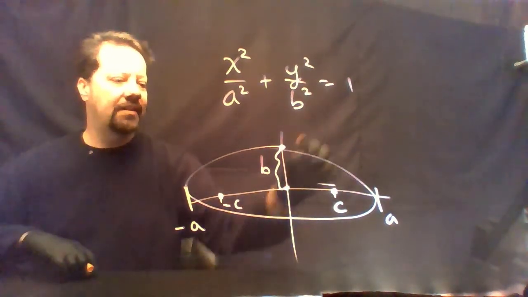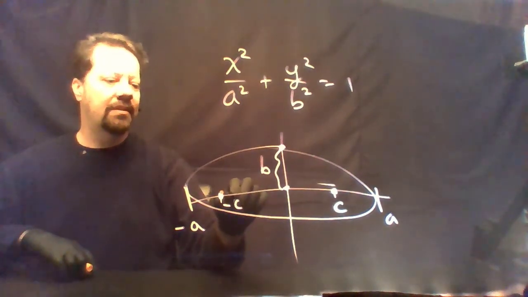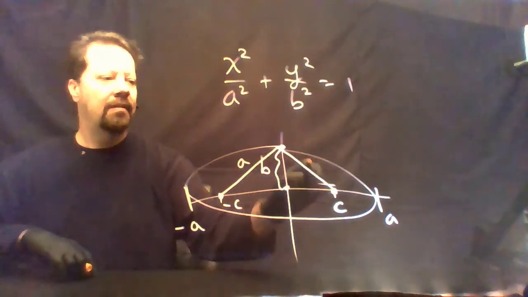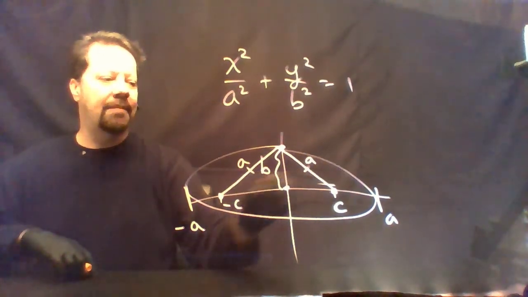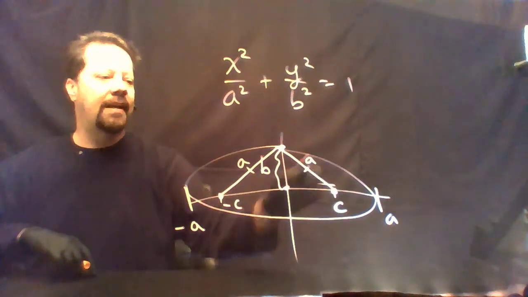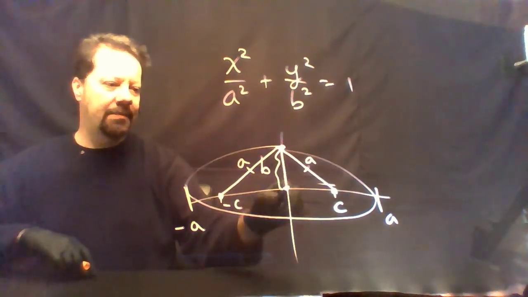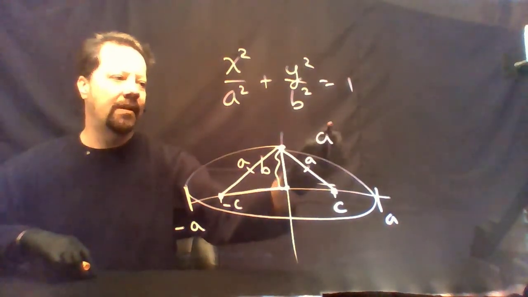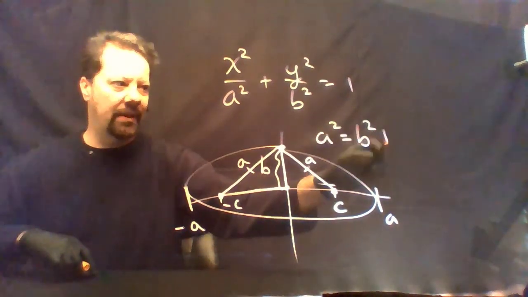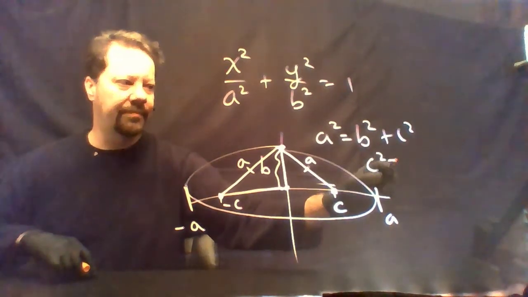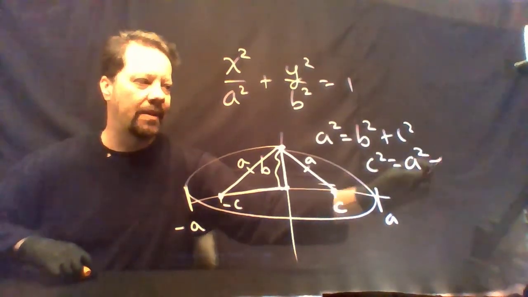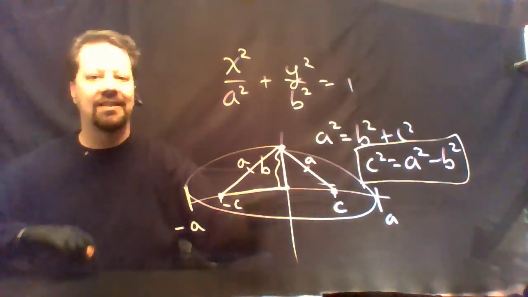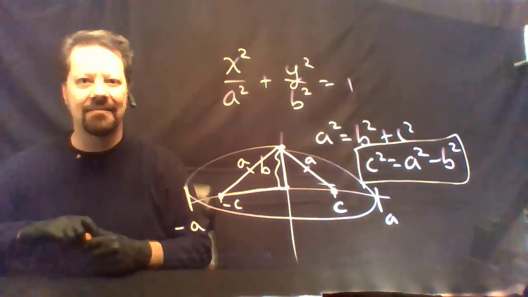It turns out it's pretty easy to show that if these distances have to add up to 2a, then this side is b, this side is c in length, and this side is a, that a squared equals b squared plus c squared. Or in other words, c squared is a squared minus b squared. Don't forget it's a minus on the ellipse.